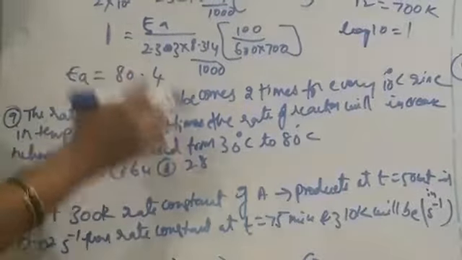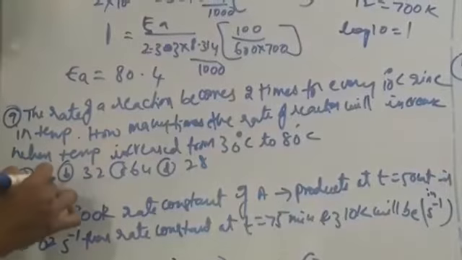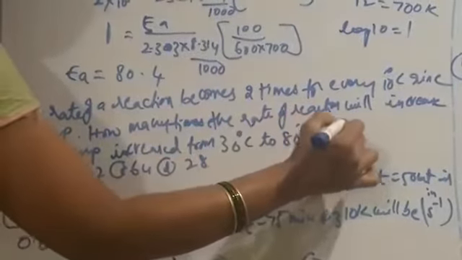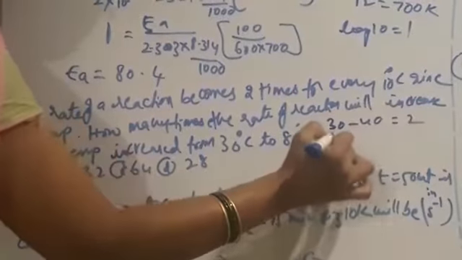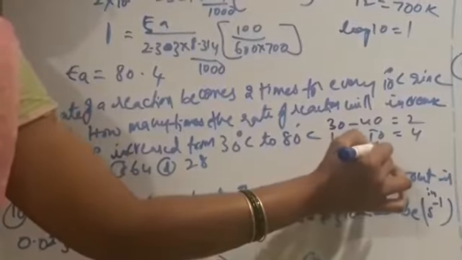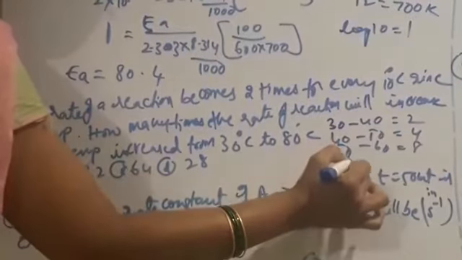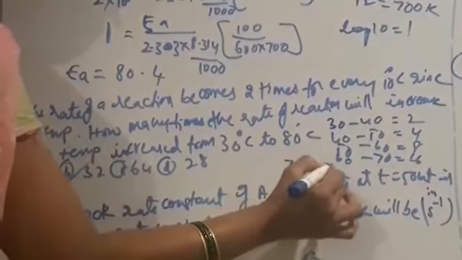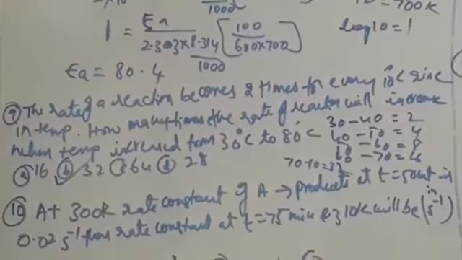And 70 to 80, the rate becomes 32. So it increases 32 times. Okay.